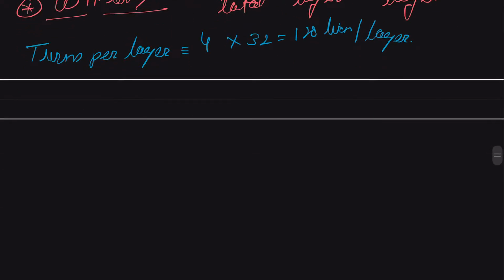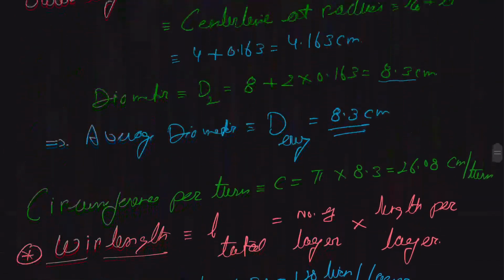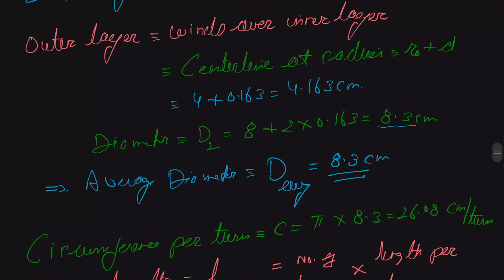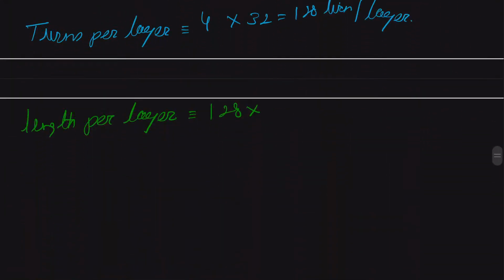Therefore, we can write the length per layer, and that will be equal to 128 times our circumference, 26.08.